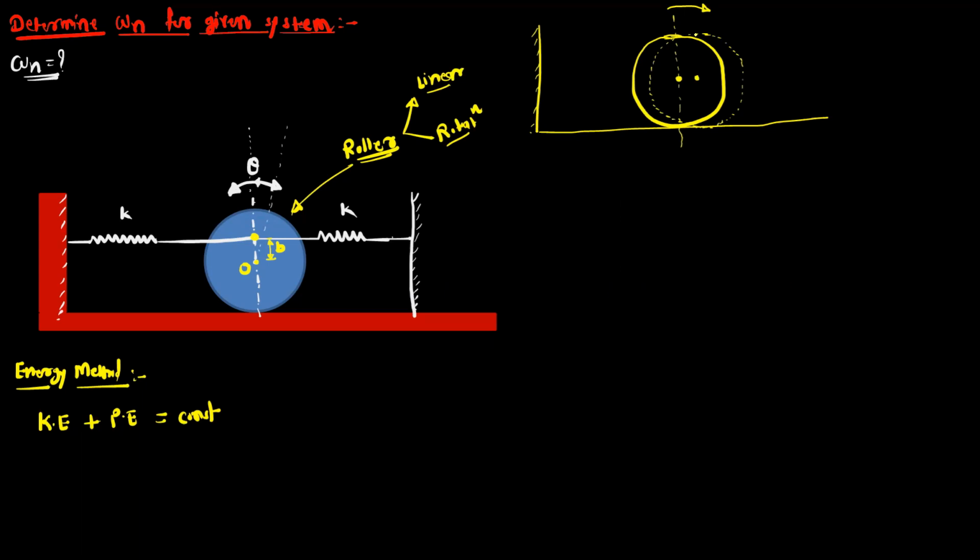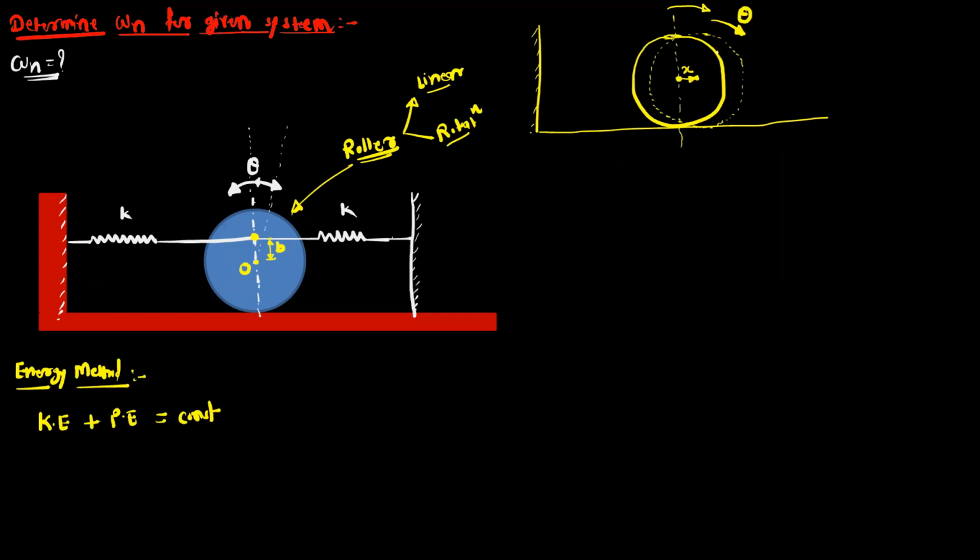Okay. So as it is moving, the center of gravity shifts towards the right side by some linear displacement x. Okay. So at the same time, this complete roller will undergo rotation by angular displacement theta. Okay.